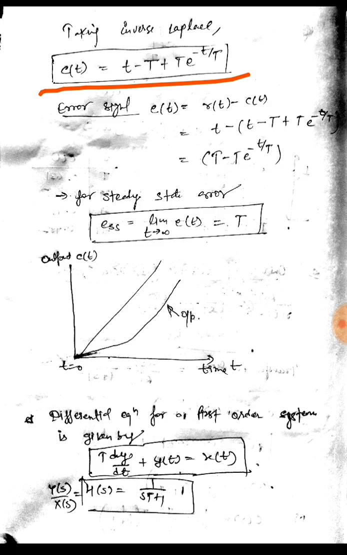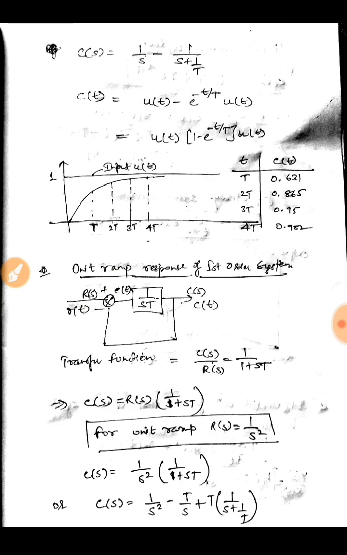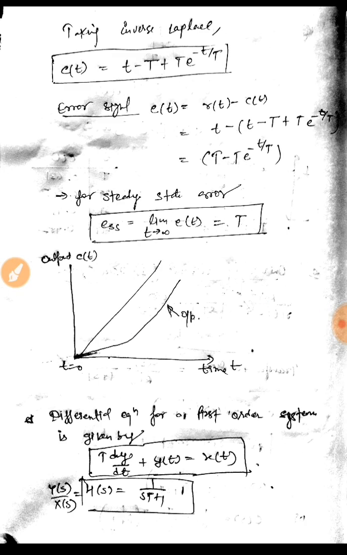So if I say in this diagram, you can see if this is our R(s) or r(t), this is our output. If I take the feedback that is here, our error signal would be r(t) minus c(t). That is the difference between the input and output signal. This is our error signal.